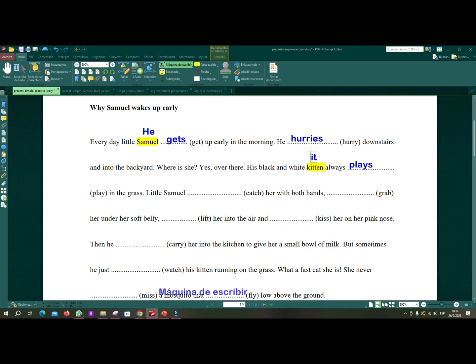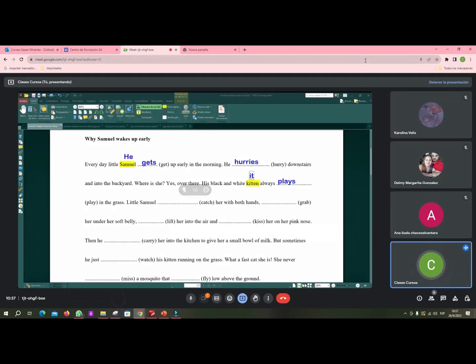So you're going to have around 2 to 3 minutes for you to complete that exercise. Read the text very carefully and also write the correct form of the third person singular using the verbs that you have between parentheses. ¿Ok? Tienen 2 a 3 minutos para completar este ejercicio y luego lo vamos a revisar todas juntas. ¿Ok? So, you have 3 minutes. Recuerden igual, si tienen preguntas, raise your hand and I will help you.